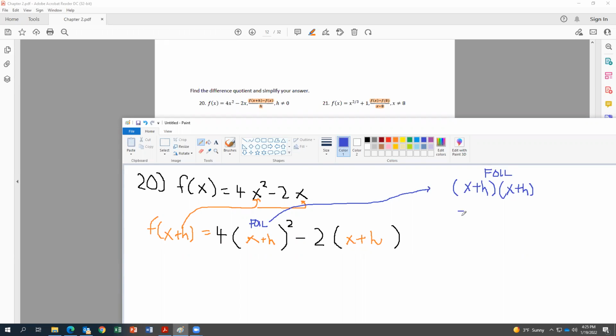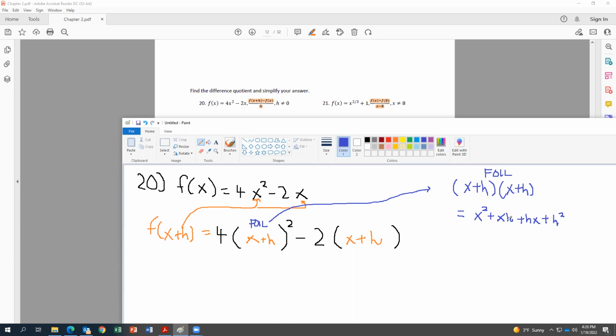You get x squared plus xh plus hx plus h squared.